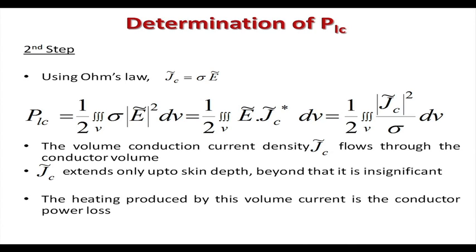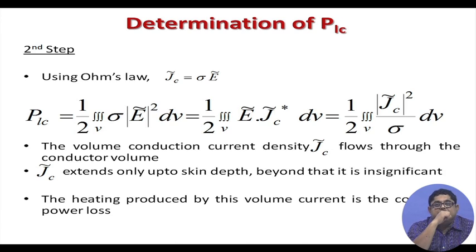the loss is getting created because the wave is also diffusing into the conductor. We know that if it is a perfect conductor, there is no diffusion, the fields do not go inside the metal, but in any real metal the fields go inside, and there is an exponential variation.